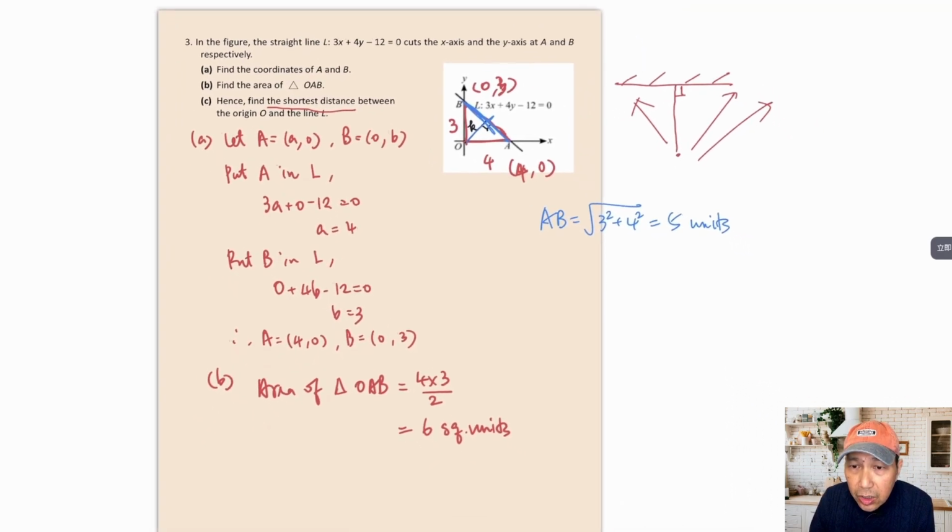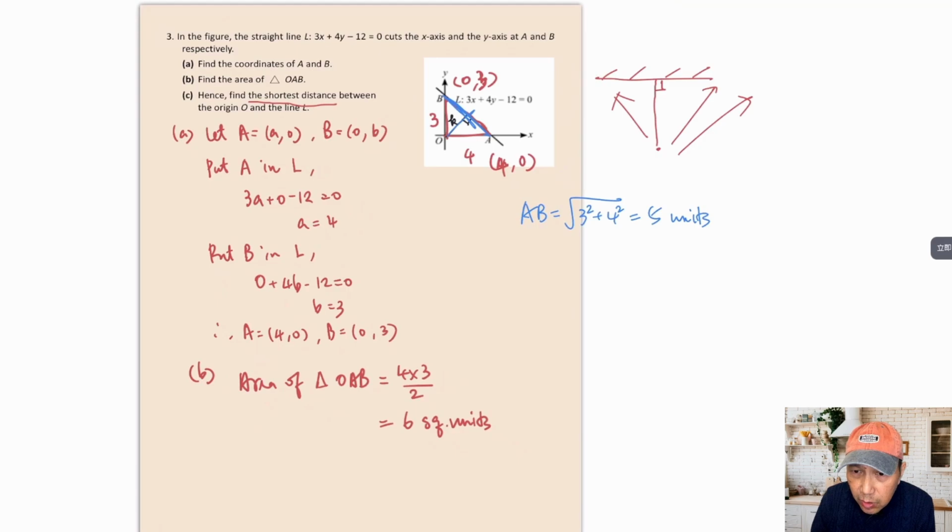So the area of triangle OAB should be equal to 5 times K divided by 2. We already know that the area is 6, so we can set 5K over 2 equal to 6. So K is equal to 12 over 5, so K is 2.4.